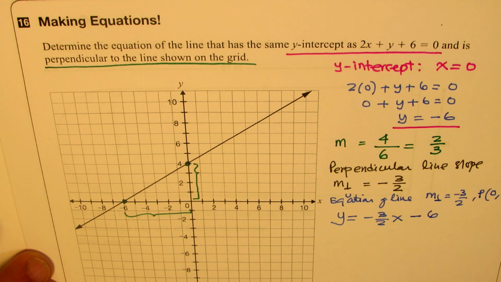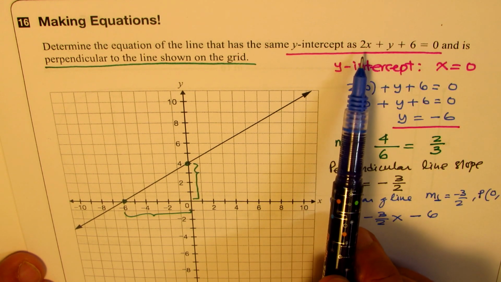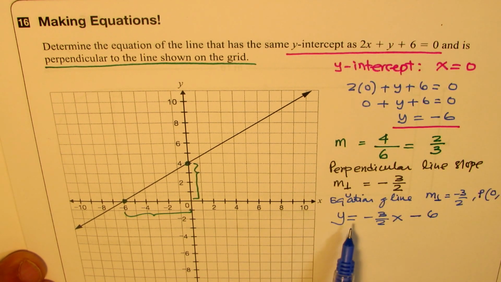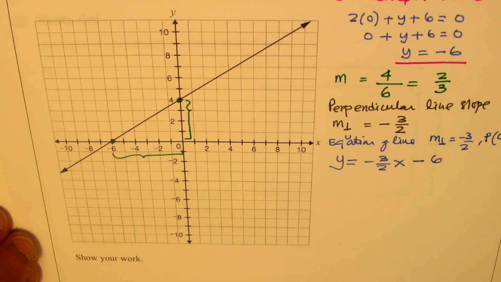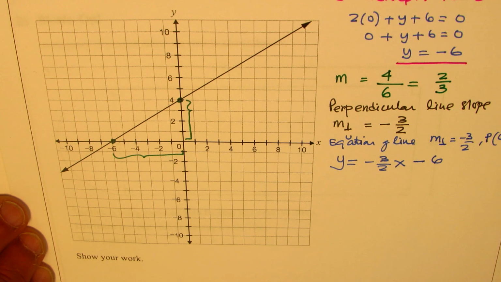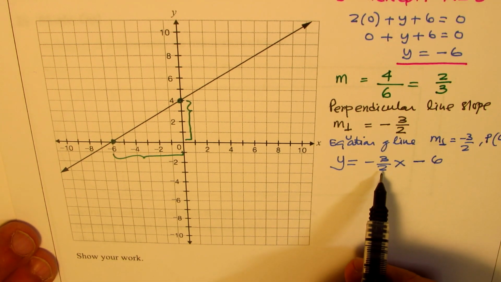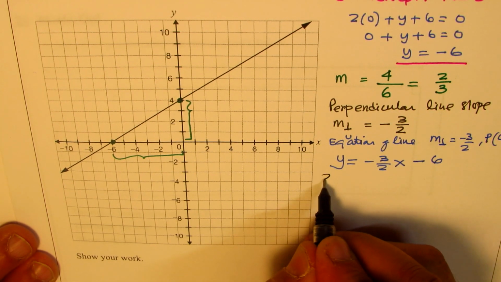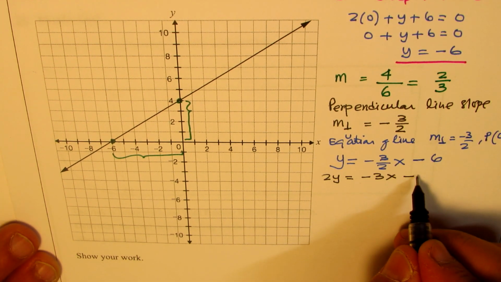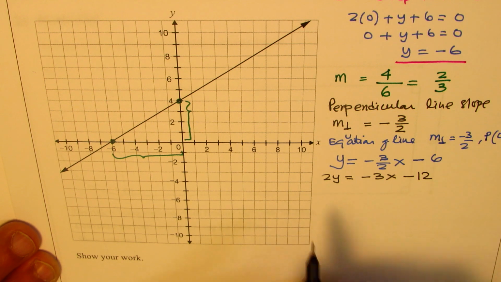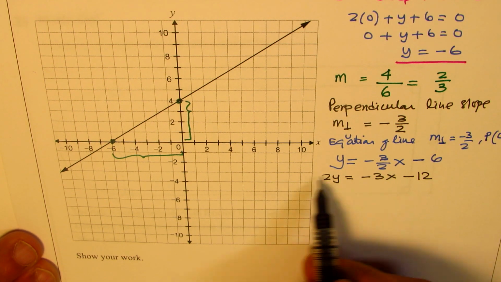Do you see that? Now, since we were given the equation in standard form, let's rewrite this equation also in standard form, right? So that extra bit actually is very helpful. We'll multiply everything by 2. So we get 2y equals minus 3x minus 12, times 2, right? Now we can bring this term to the left side.